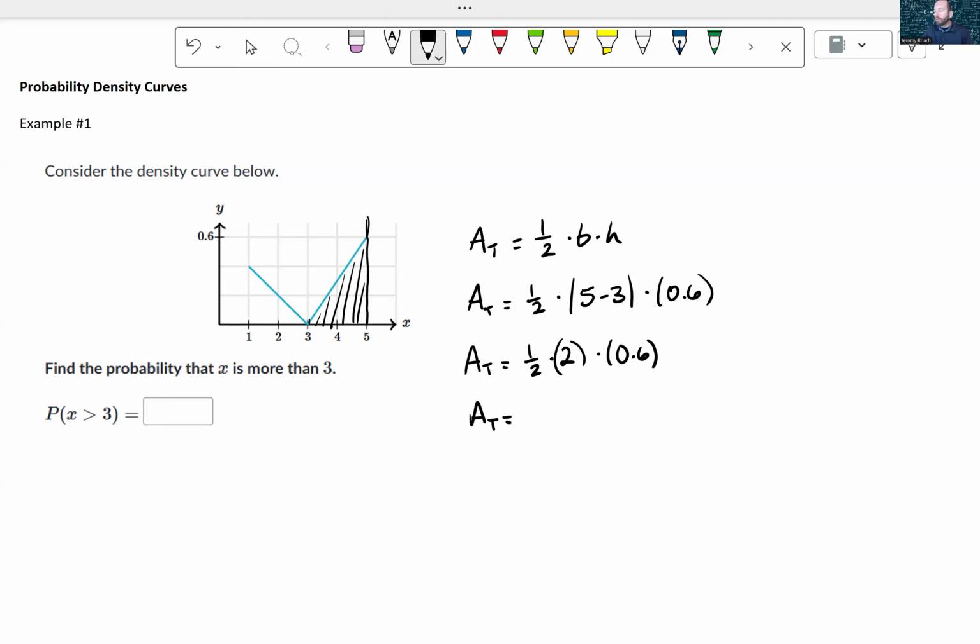And I'm sure you're familiar with how to calculate the area. So you just get 1 times 0.6, and the area is 0.6. And so that's the probability that x is greater than 3. Now it's just a coincidence that this 0.6 is that 0.6 there. That doesn't mean that it was 0.6 because that was there. So just keep that in mind.